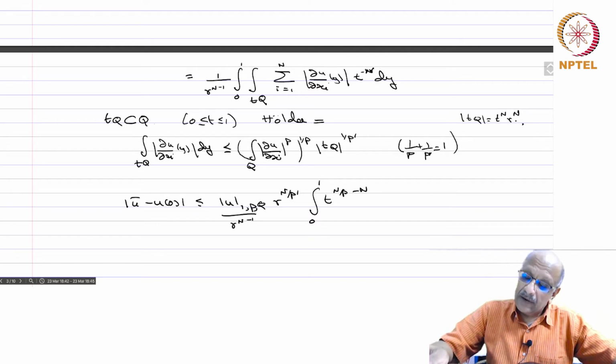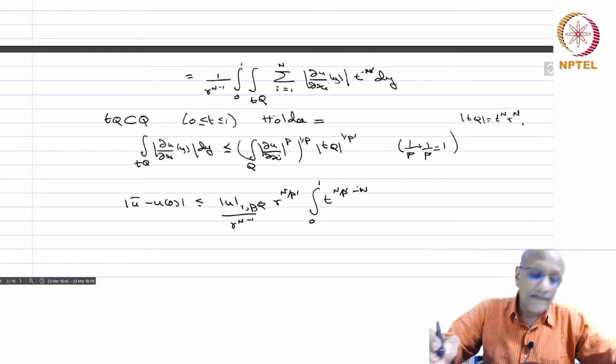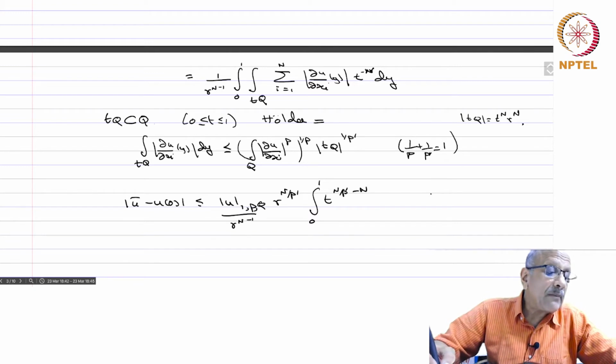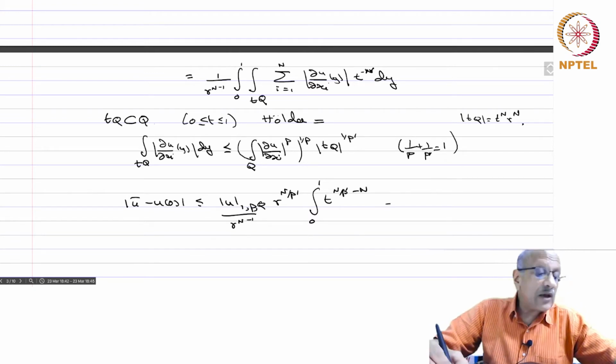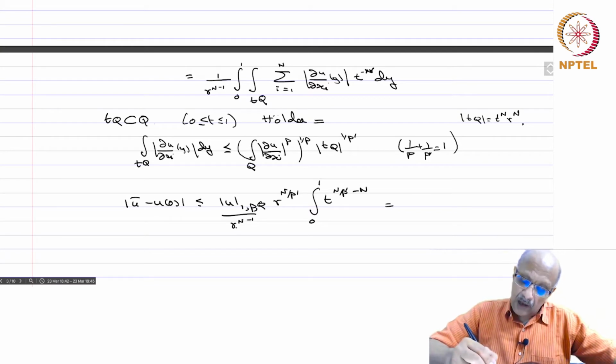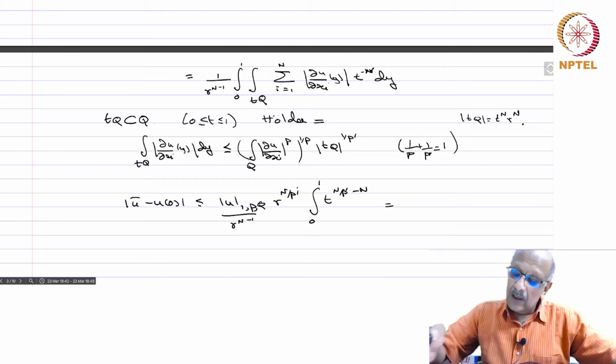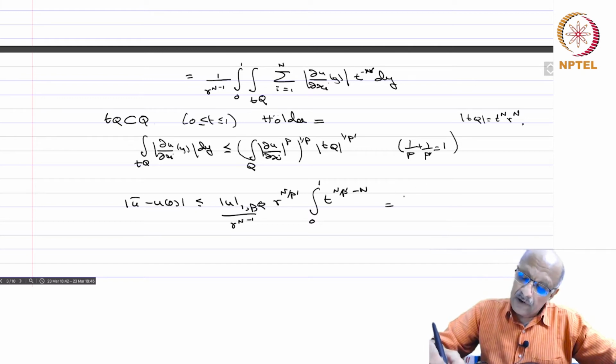Now I will get t power n by p prime, sorry, n by p prime minus n, and that is equal to, so r power n by p prime minus n will give you n times 1 by p prime minus 1, which is minus 1 by p. So that is equal to r power 1 minus n by p.